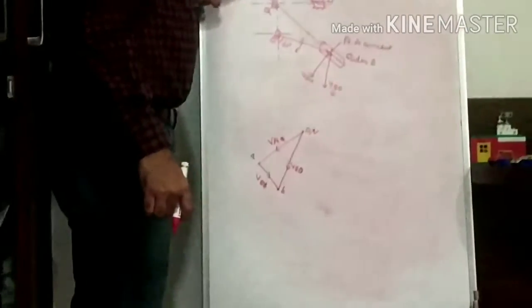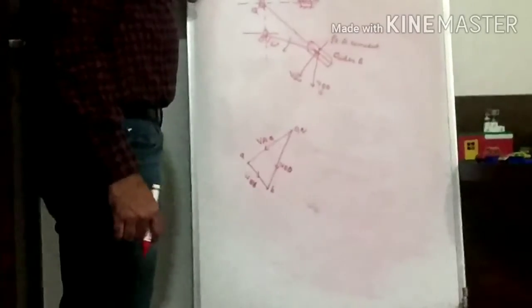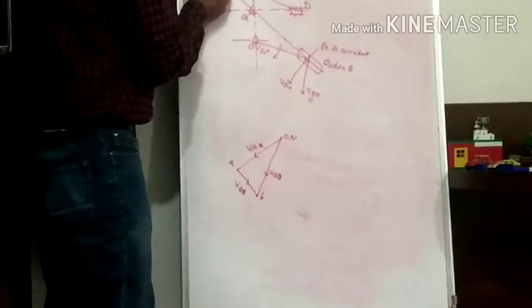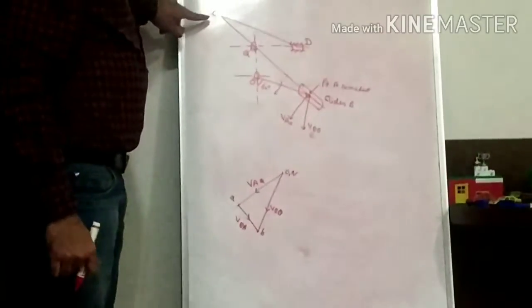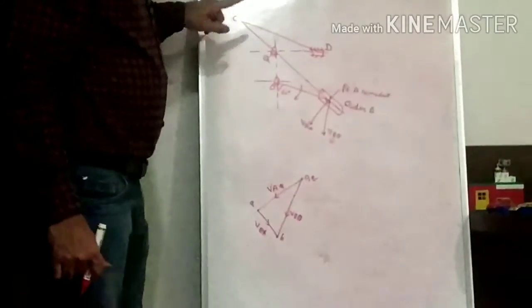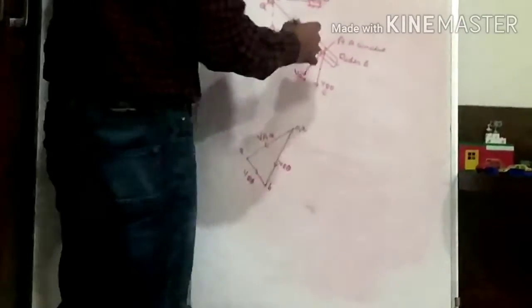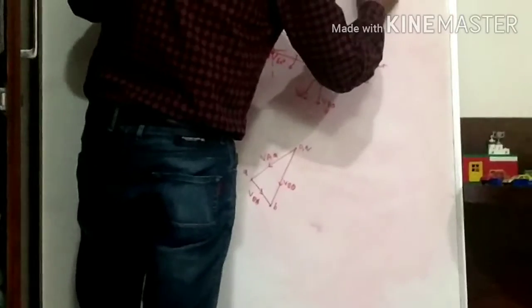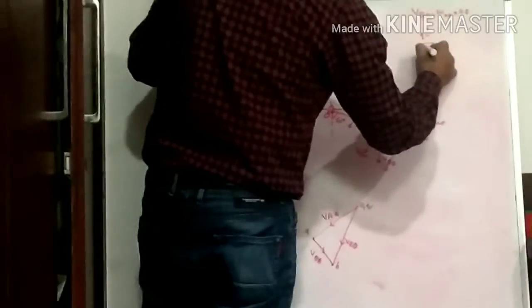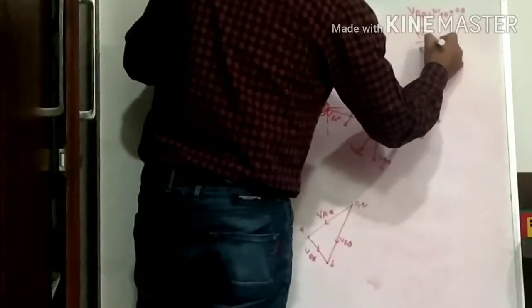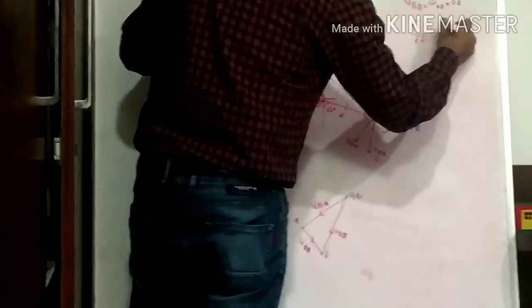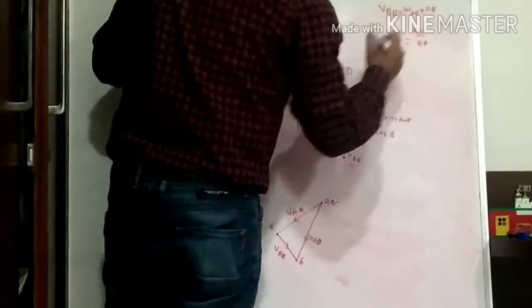Then here we have to decide the position of point C by the ratio which we have learned in relative velocity. So vector QC divided by vector QA is equal to capital QC divided by capital QA.